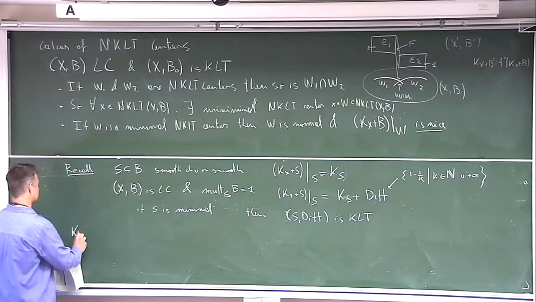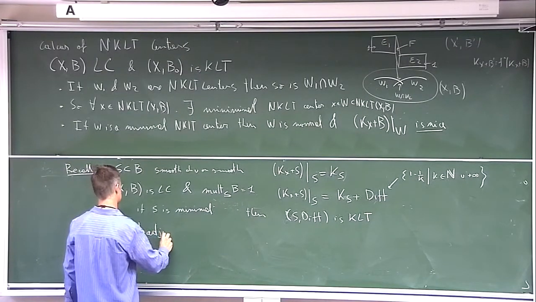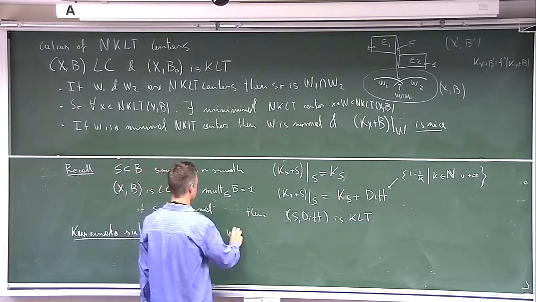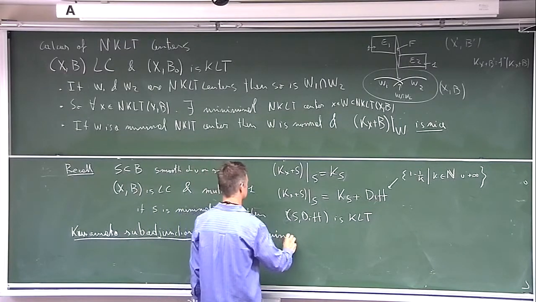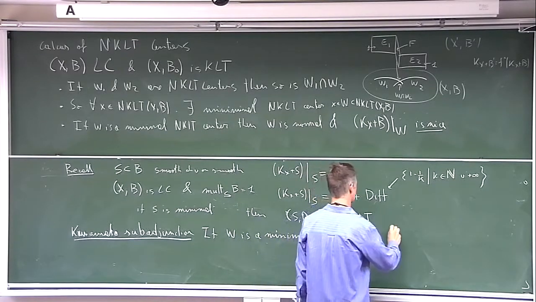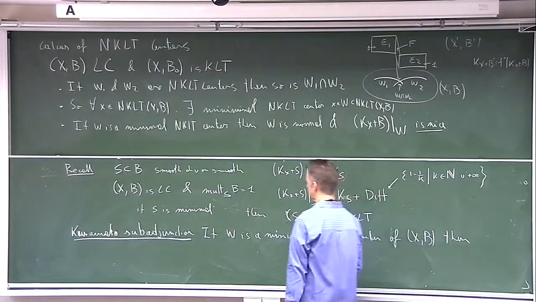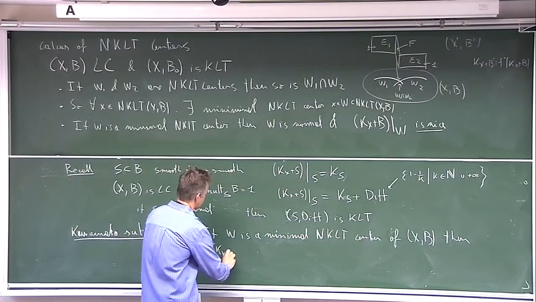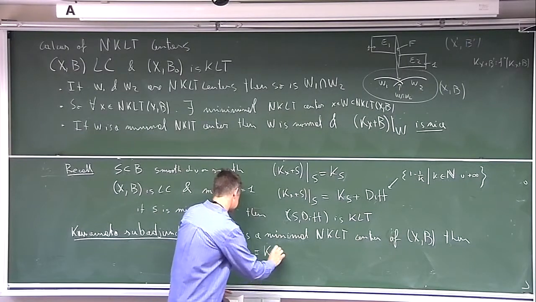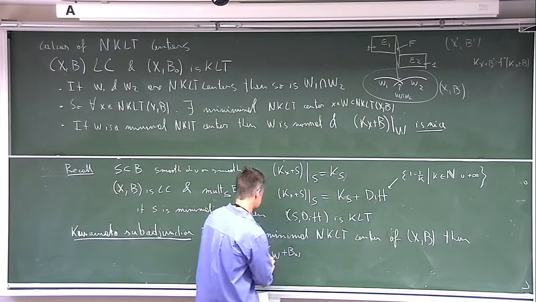Kawamata subadjunction says that if W is a minimal non-Kawamata log terminal center of a log canonical pair (X, B) as above, then we can write (K_X + B) restricted to W as of the form K_W plus B_W, where this is a Kawamata log terminal pair.